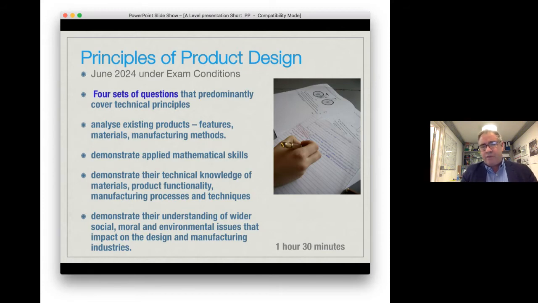And also here we've got up to about 15% maths, but this will be applied maths, working out using trigonometry, for instance, working out volumes, whatever is applied to actual design scenarios. Very, very similar, four sets of questions, and very familiar to the one you'll be sitting at GCSE.